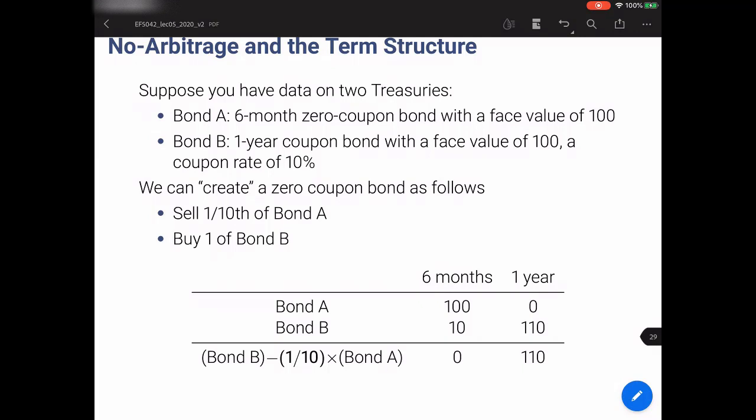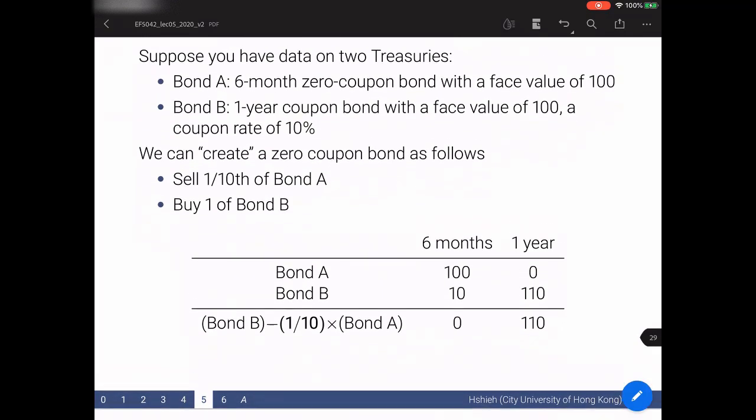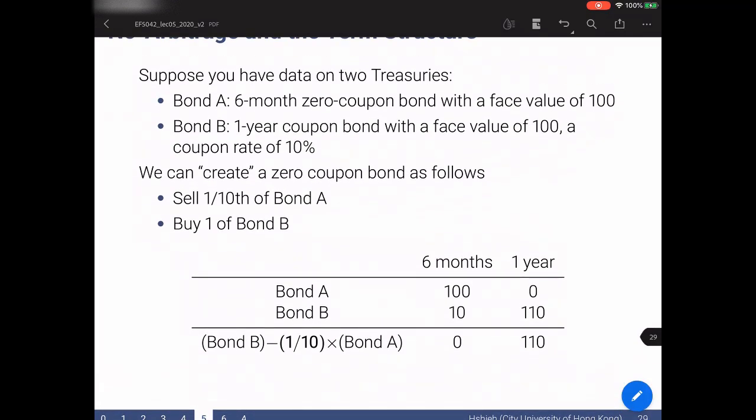So what we're going to do is create a zero coupon bond in the following way. We're going to sell 1/10 of bond A and buy 1 of bond B. This will be straightforward once you see the table. We have bond A that pays $100 at the end of 6 months, and bond B that pays $10 at the end of 6 months and $110 at the end of 1 year.